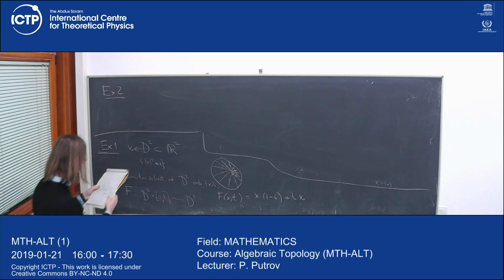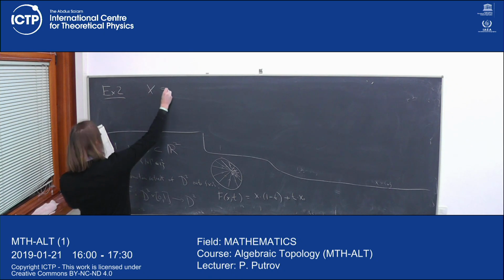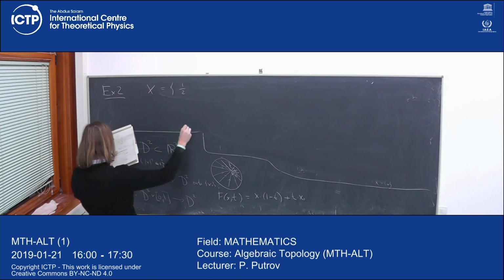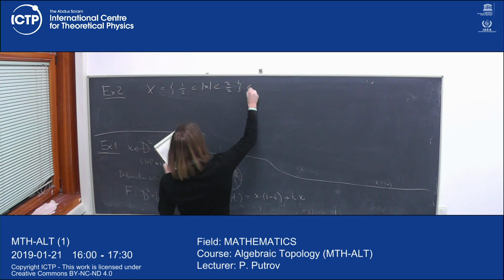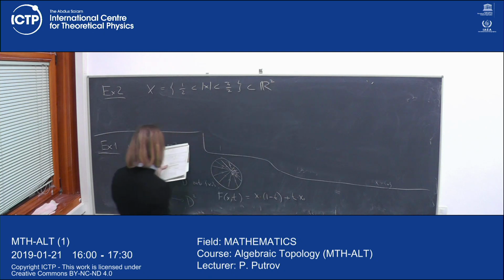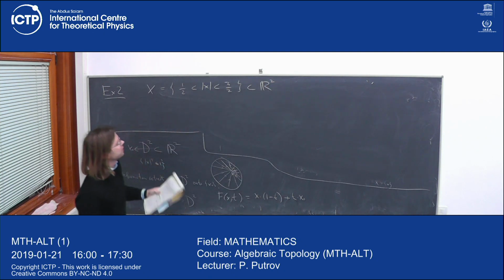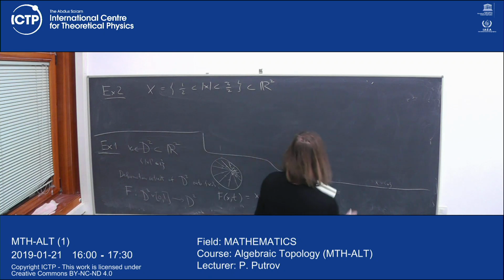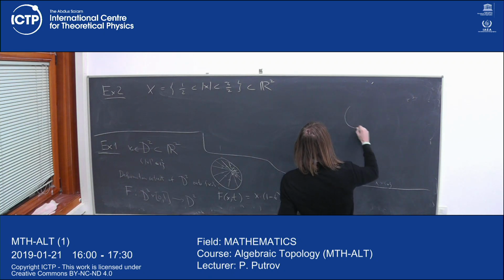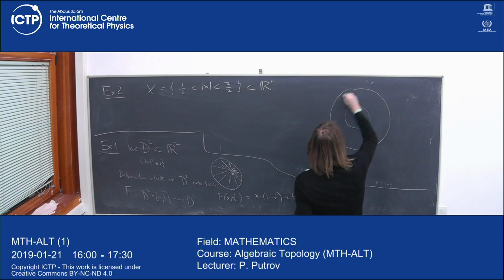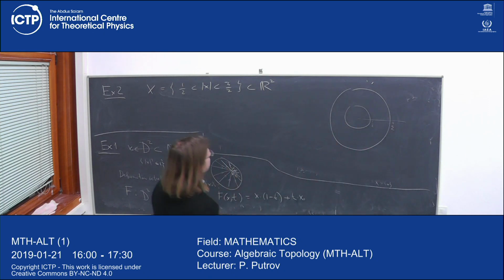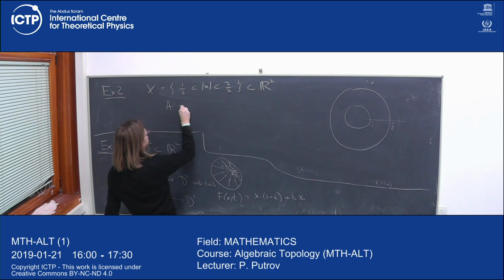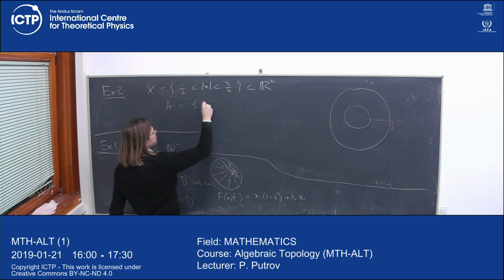Now let me write a bit more non-trivial example. Let X be another subspace of R2 defined by these inequalities. So this looks like an annulus. And I'll take the subspace A to be just the unit circle.